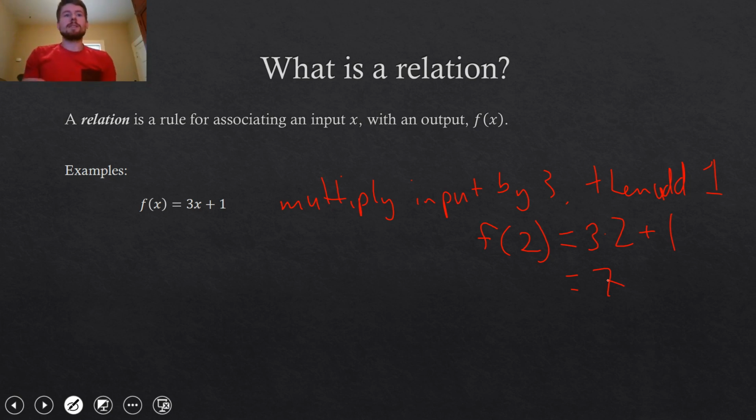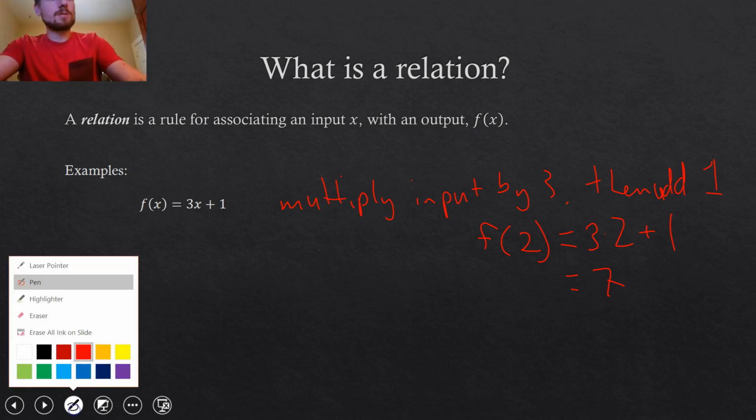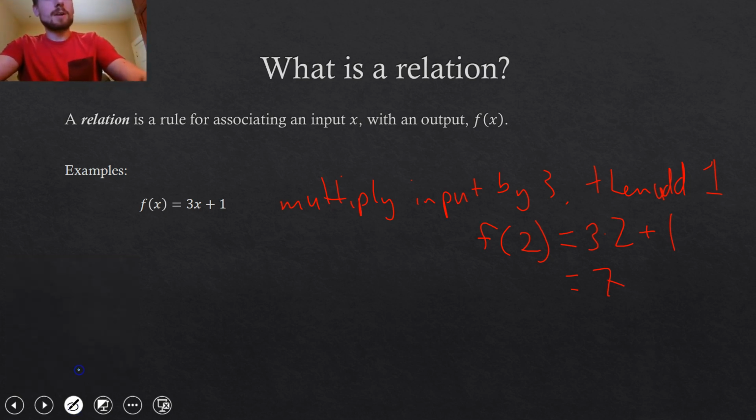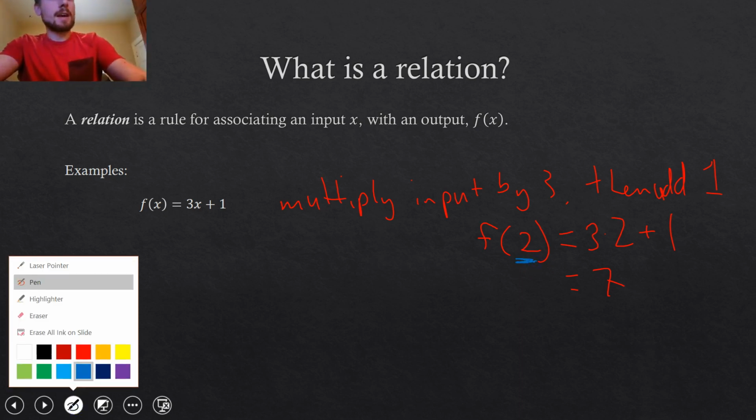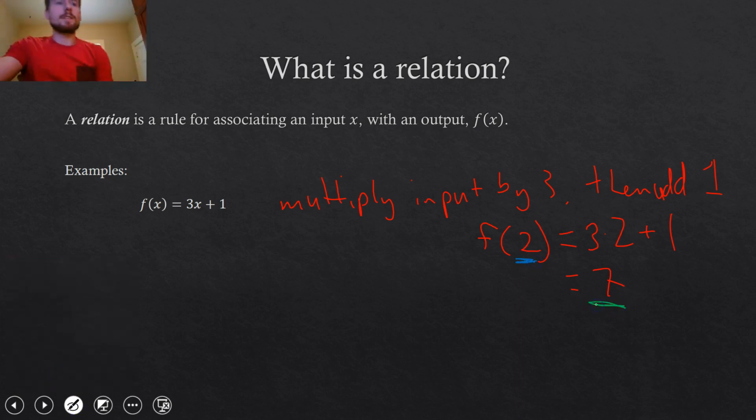And this relates the number 2 from the domain with the number 7 in the range. Let's use colors here. 2 is in the domain, and 7 is in the range.